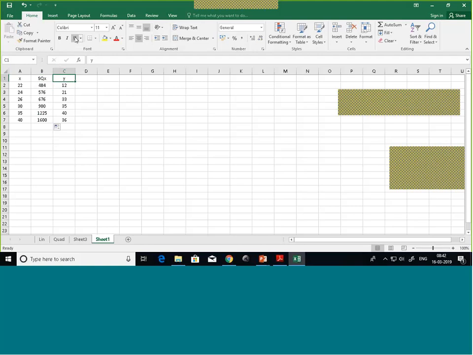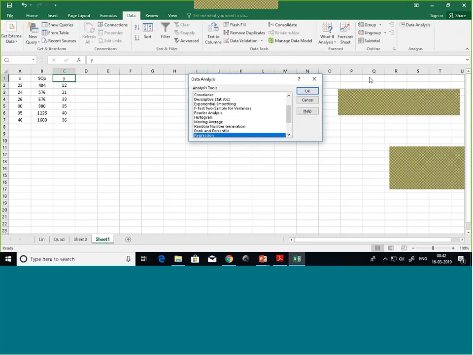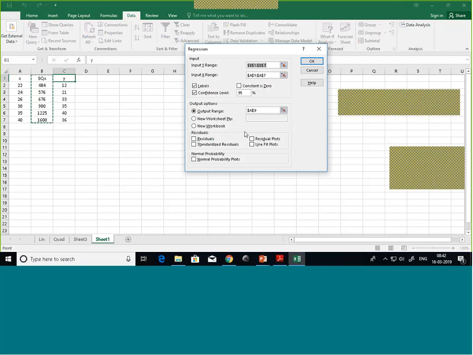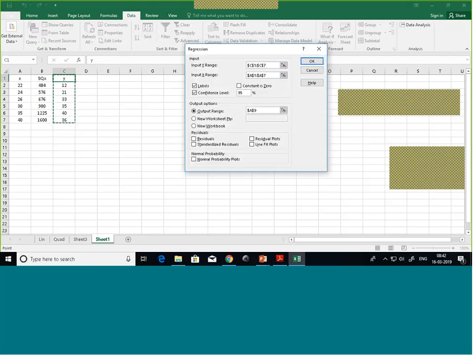Now let us go to fitting. Data analysis, regression. The input range is asking for y, so y is this one.